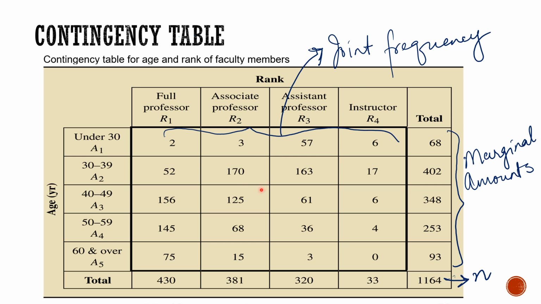Joint frequencies describe two variables together, and the marginal frequencies represent the frequencies of a single variable, either age or rank, but not together.